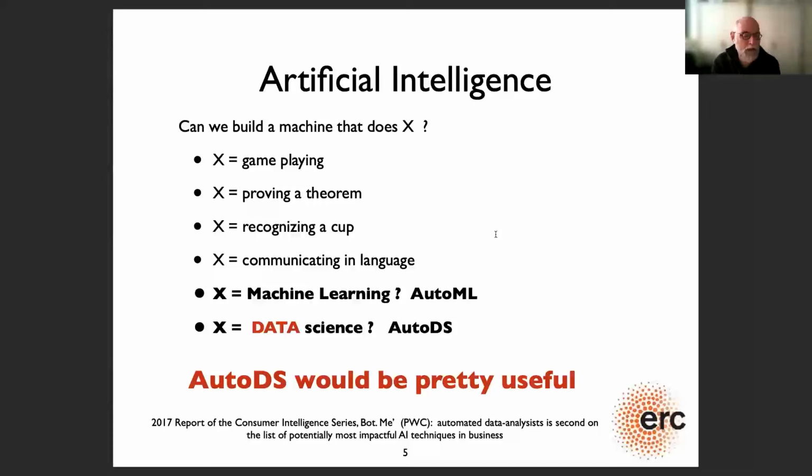It would actually be quite useful to be able to do so, because if you look at one of the reports by PricewaterhouseCoopers of a couple of years ago, then they basically say that automated data analysis is second on the list of potentially most impactful AI techniques for business. So if you can automate that, that would be quite useful.